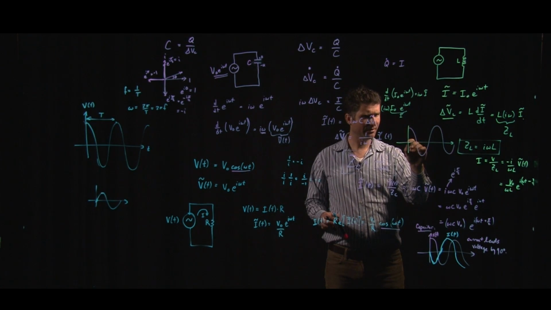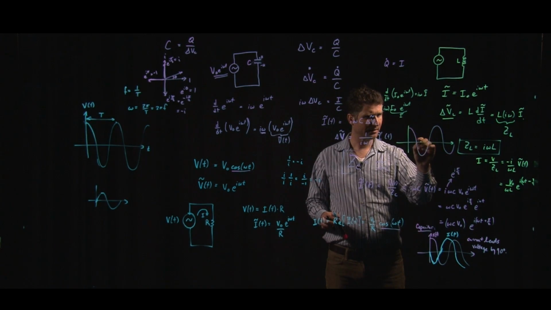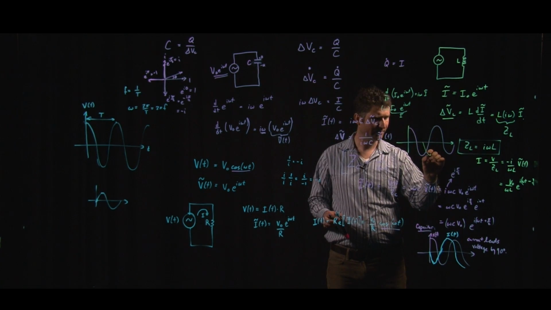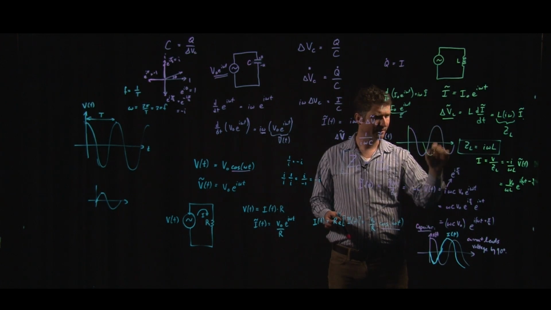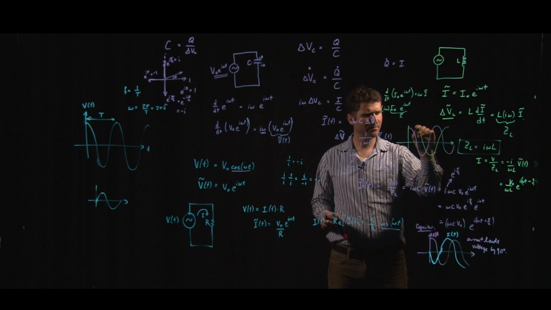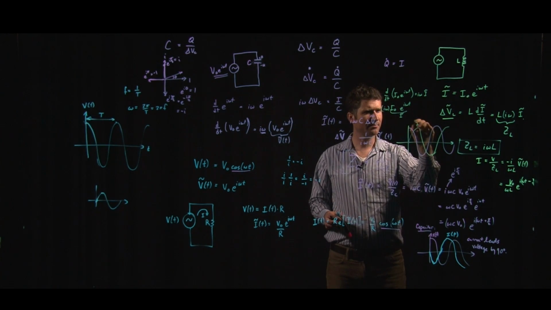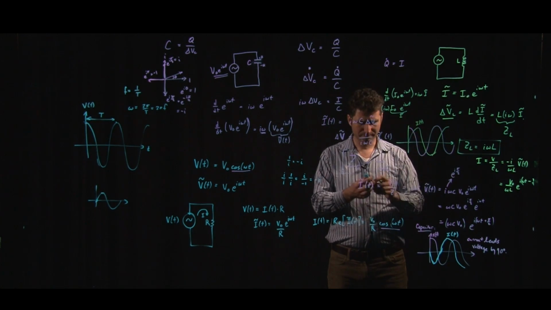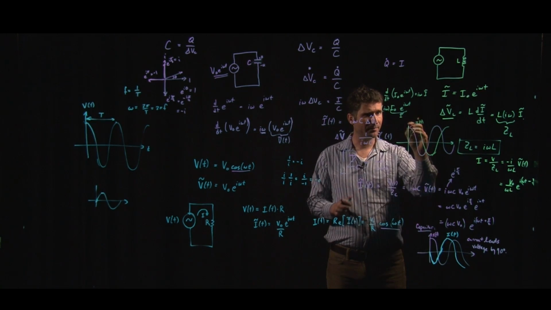If I'm going to lag by 90 degrees, then as time goes forward, this has gotten to the bottom, then this one has gotten to the bottom. And this one's gotten to the top, and then this one has gotten to the top. So something like this.